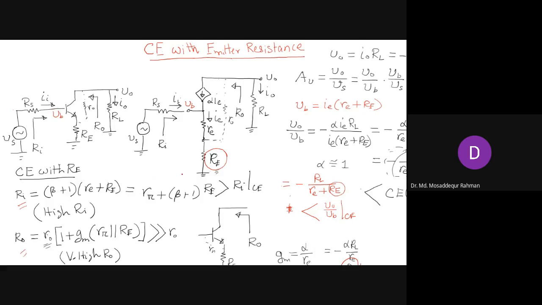So that is the effect. You can't get both at the same time. You can't get high input resistance and high gain. So if you want to increase the input resistance, you have to compromise on the gain.